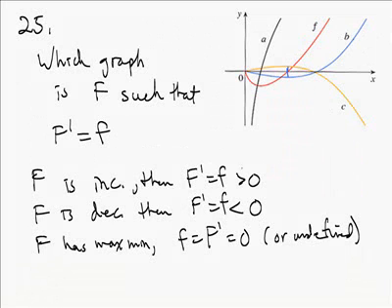We're looking for where f is positive and where f is negative. f is positive to the right of this mark, negative to the left of this mark. Where f is positive, that means the original function must be increasing. So let's see. Well, b is increasing to the right of this point. c is not, so b is a possibility.